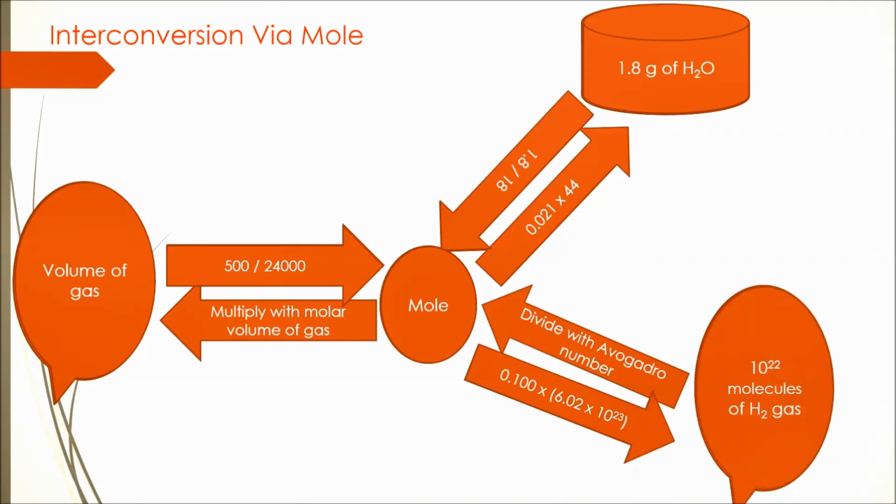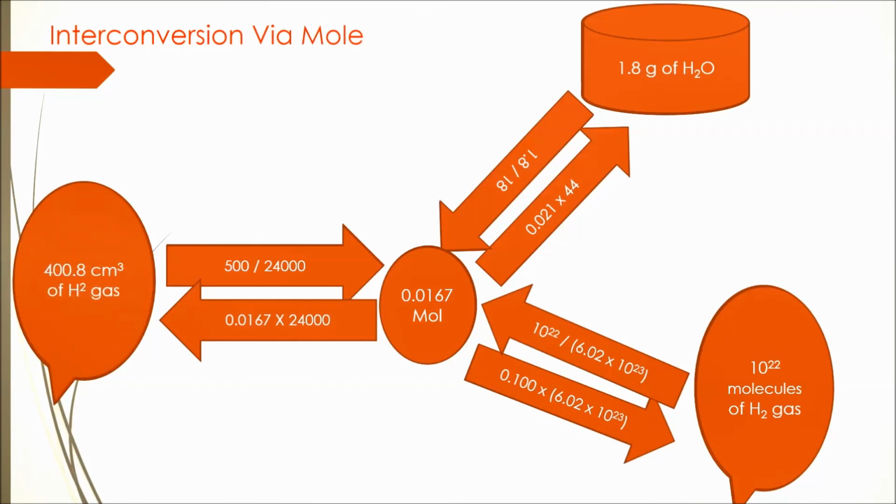With example, 10 to the power 22 molecules of hydrogen, divide this with Avogadro number, you get mole, which is 0.0167, and then this mole is multiplied with molar volume of gas, because this is volume, so we finally get 400.8 cm cube of hydrogen gas.